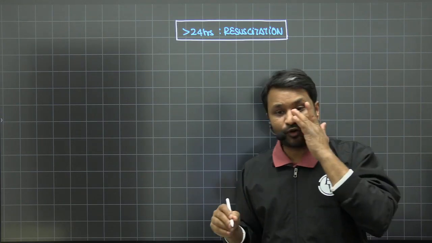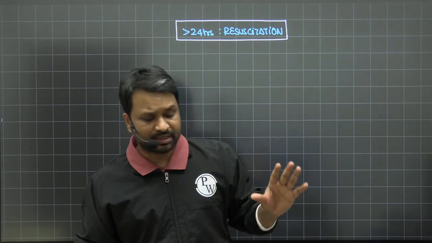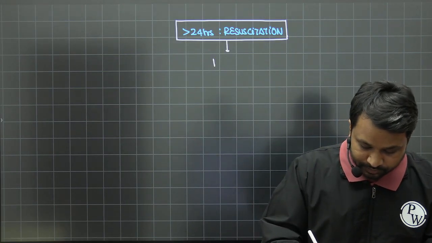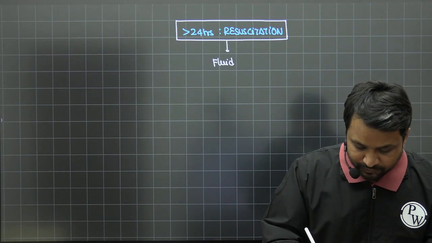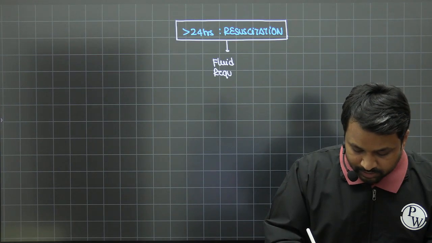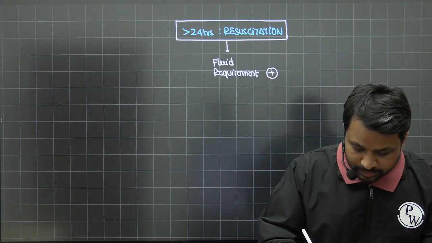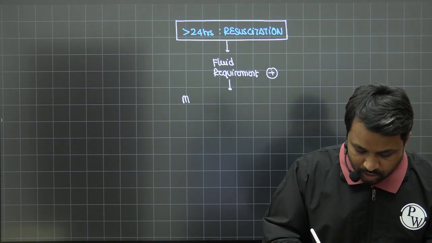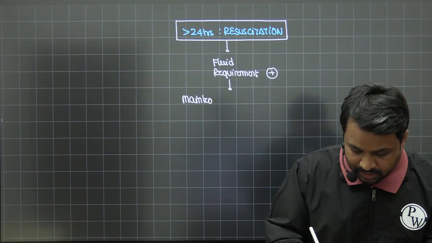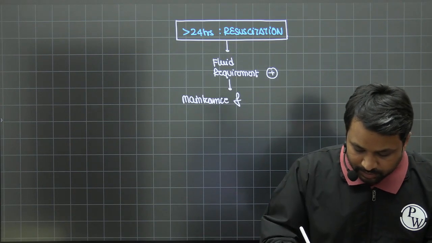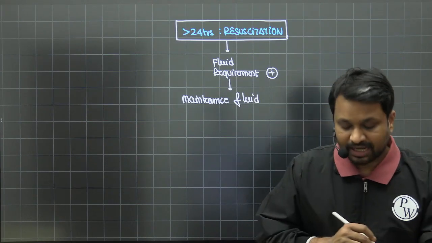So post 24 hours, there are a lot of ifs and buts. If the fluid requirement persists, normally we will go ahead with something called the maintenance fluid. We'll go ahead with maintenance fluid after 24 hours.